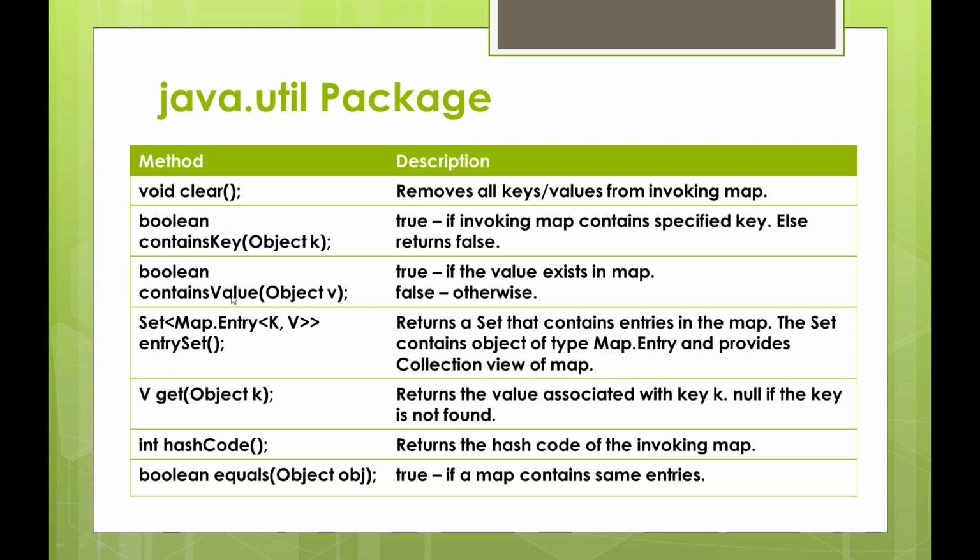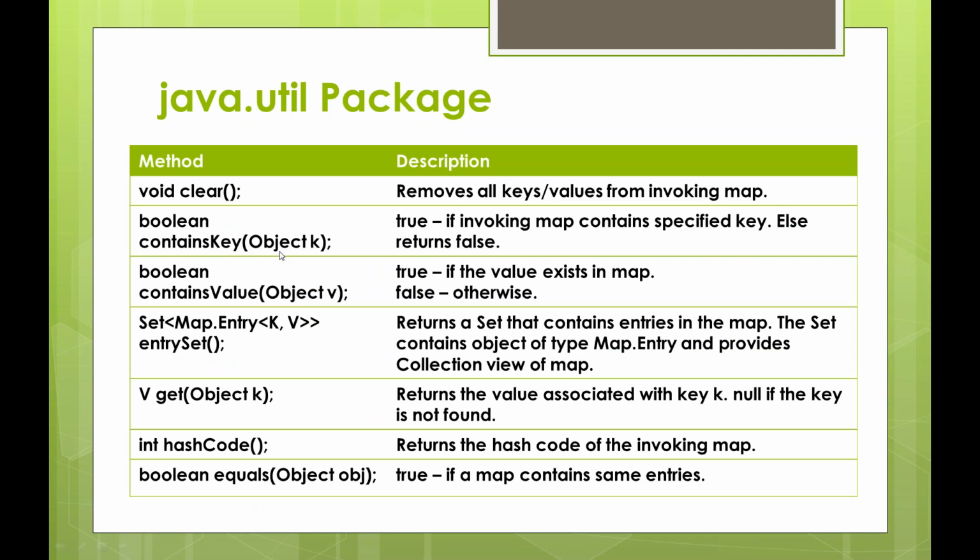Obviously, you can connect these things with the collection interface methods. Clear removes all key value pairs within the map on which you are invoking. ContainsKey is similar to the contains method. In a collection, you verify whether a particular object exists; here we check whether a particular key exists.